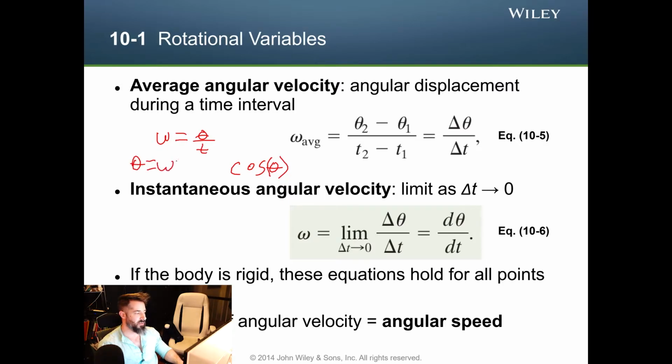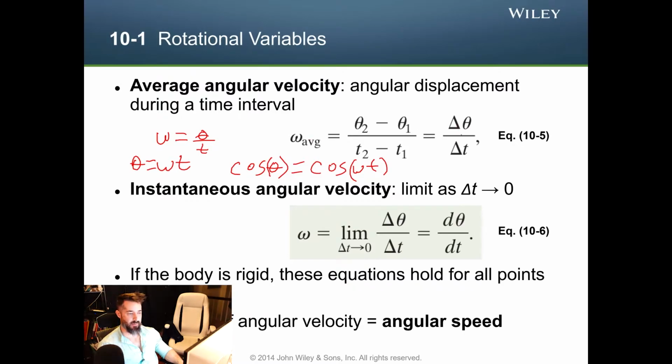So, for instance, theta equals omega times t. So this cos theta can actually equal cos omega t. Right? These are little things. So when you get something in degrees like this and you're given some kind of time or something like that and you're like, where the heck does time come from? You have to remember little things like this. So you can plug that in and all of a sudden you have a variable of time. So now the cosine is a function of time, whereas it didn't seem like it was when you had just theta in there. So these are just little things to remember.